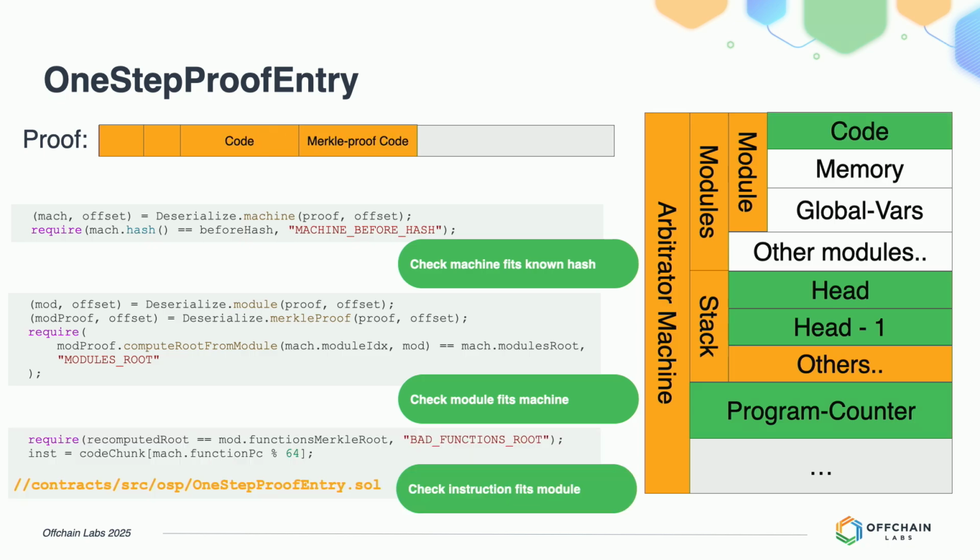After that, in the same manner, I now prove a piece of the code. So I Merkle prove a piece of the code against the module, which I Merkle proved against the arbitrator machine. And now I have proved what's the next instruction that has to be executed. So I have proved the right part of the code, I have proved the top few elements of the stack, and I have proved what's the program counter.